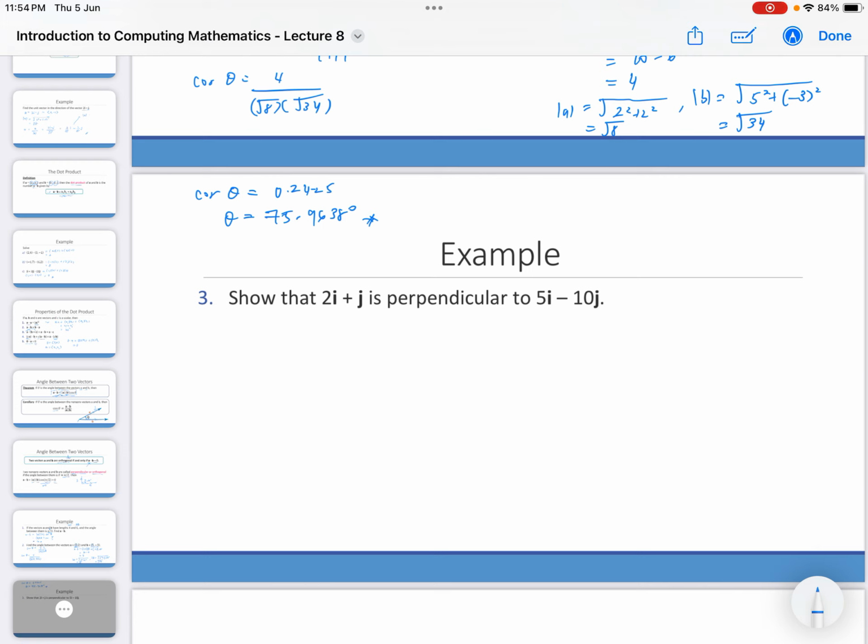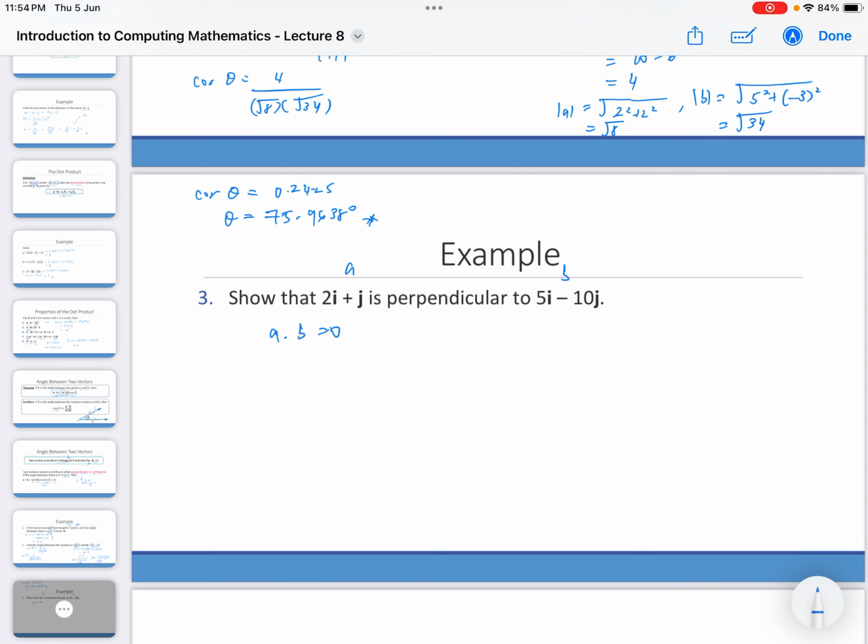The next example is to show that vector 2i plus j is perpendicular to vector 5i minus 10j. To show that this is perpendicular, we can find the dot product. If the dot product A dot B equals 0, let's say this one is A and this one is vector B, then we have shown that it is perpendicular.